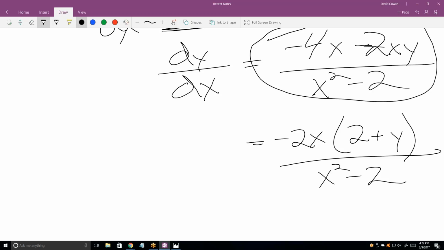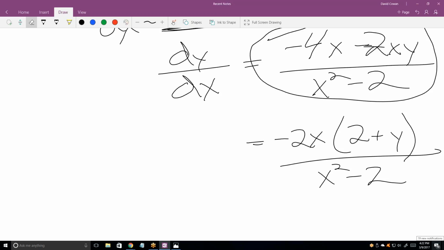In other words, I can certainly see doing this step, not knowing, maybe I can simplify it if I factor out that minus 2x. But then when I look at the answer, I realize, well, no, that doesn't help. I can't do anything with this expression. Can't do anything with the 2 plus y, and I can't do anything with this x and this x, because this is x squared minus or plus a number.